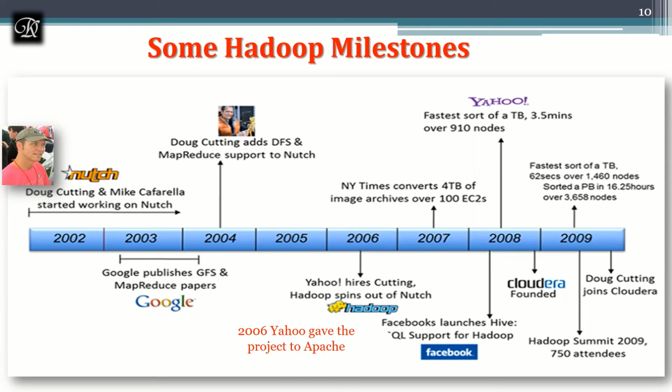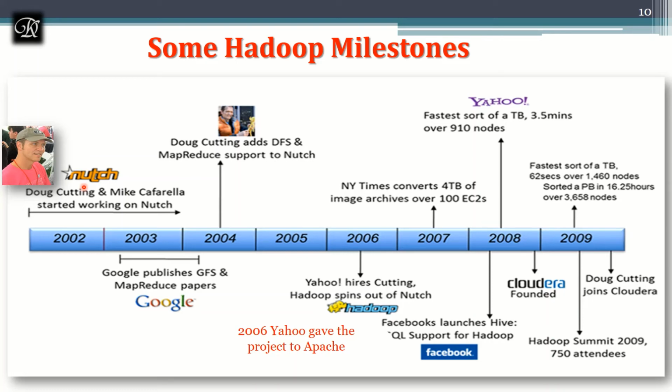The person Doug Cutting and his friend Mike Cafarella started working on a search engine called Nutch in 2002. Whenever we take the term search engine, we call it Google. We don't even know other search engines right now, because Google is the fastest.